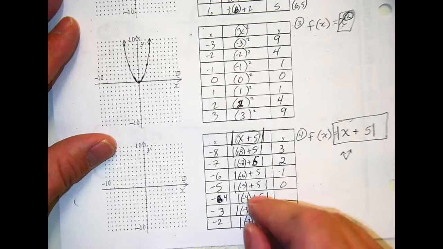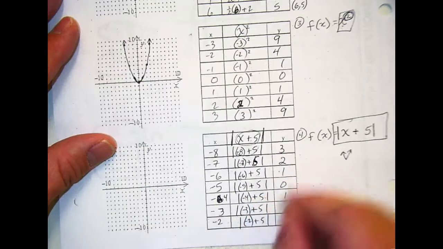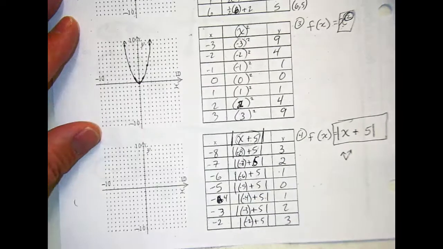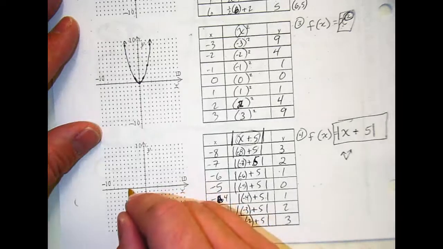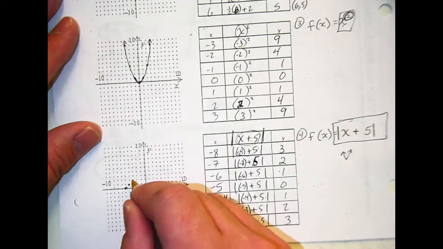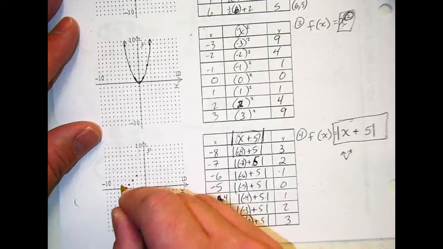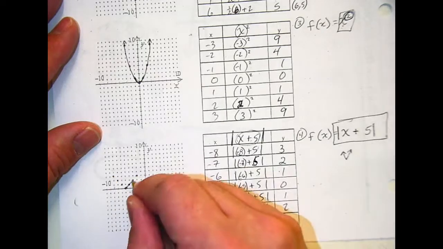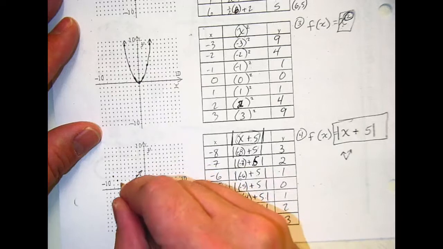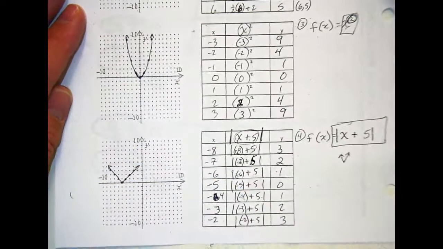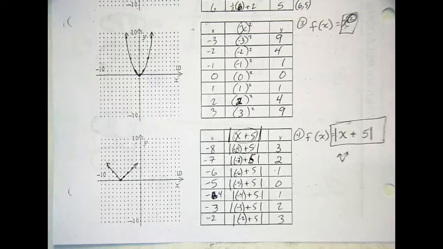And then you'll see it starts repeating itself again. And there is our V shape. Okay. I'll be walking around answering questions.